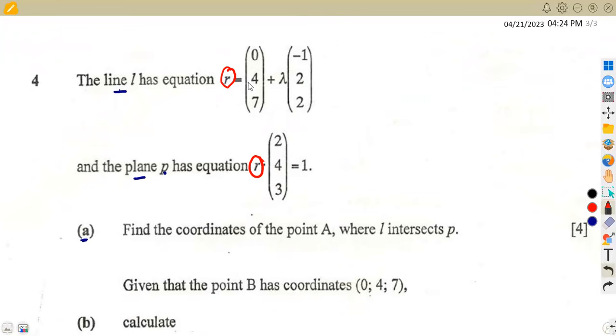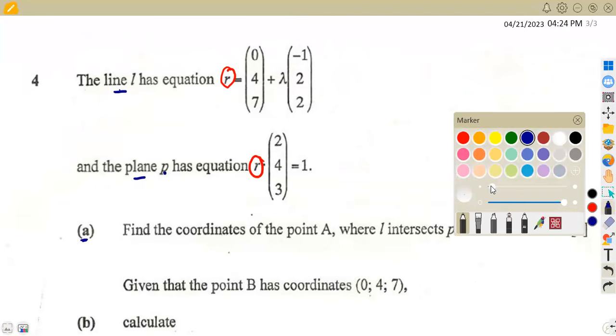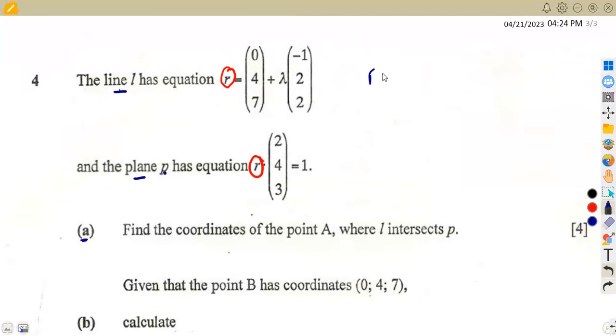So if these two are equal, what we are going to do is find r from the straight line as a single vector, or as a single point in this case. Let's try to reduce this a little bit. So our r in this case, we are going to add, so that we can equate these two.